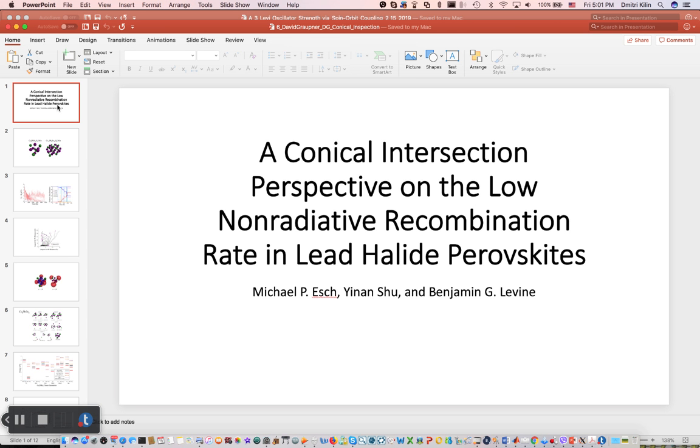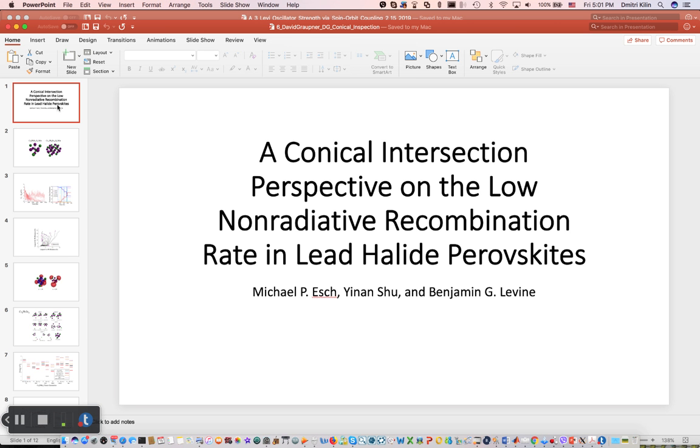But it's also possible that you have a conical intersection between the ground and excited state, right? Yes, that's what they're looking at, between the ground state and the excited state. Then I'm kind of confused. My understanding is that a low non-radiative recombination rate means that they recombine radiatively, meaning they shine light, right? Yes.